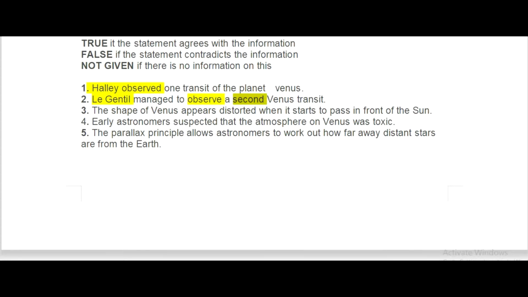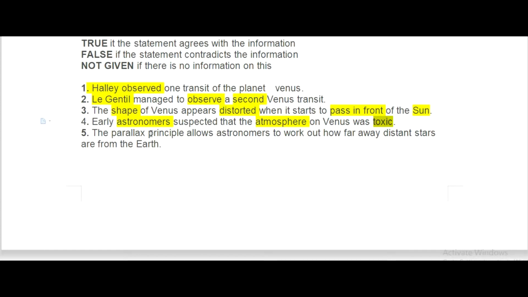Next, for number 3: shape, distorted, sun, and pass in front of is also a keyword. For the fourth: astronomers, atmosphere, toxic.